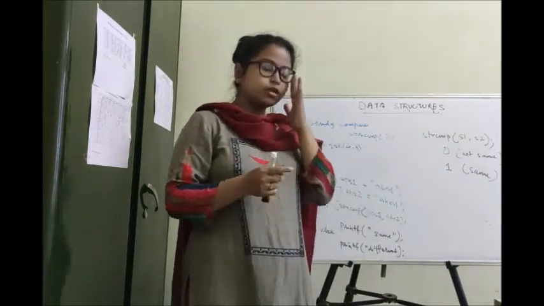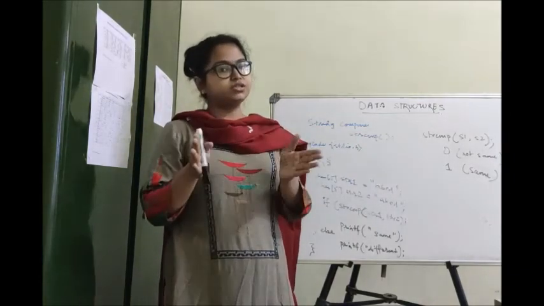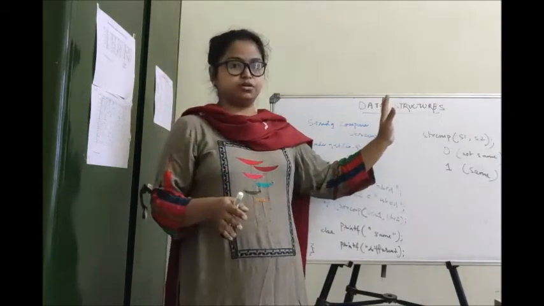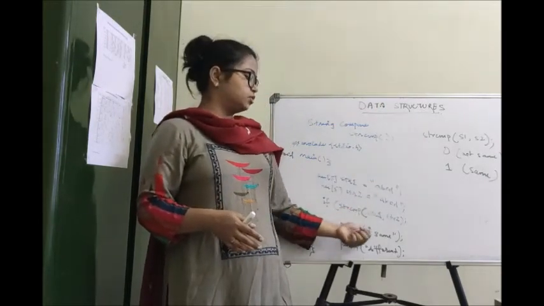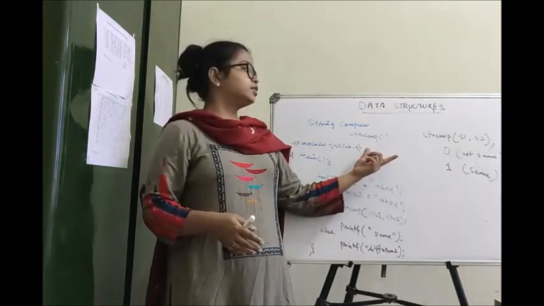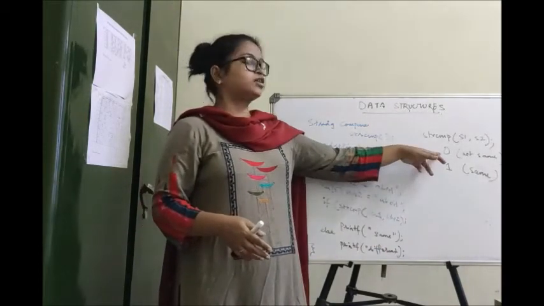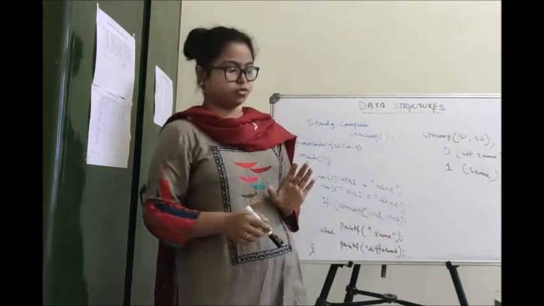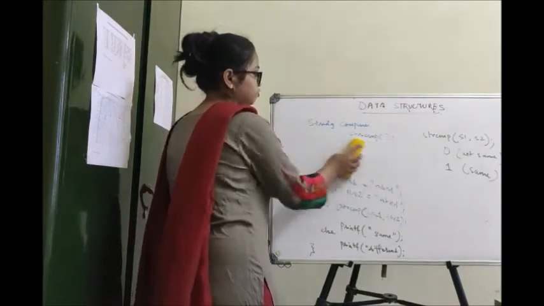Okay. So whenever strings are same, 1 is returned. Whenever strings are different, then 0 is returned. Okay. Accordingly, if it returns 1, then we say it is same. If it returns 0, then we say it is different. Okay. I hope that's clear to you. Now moving on to the next.